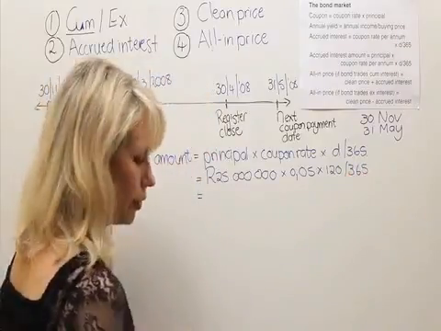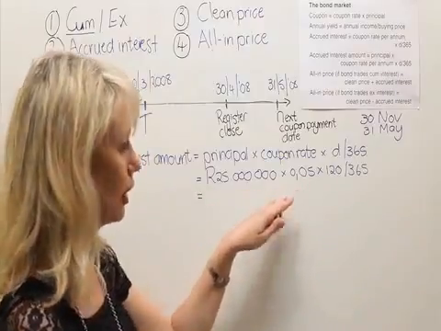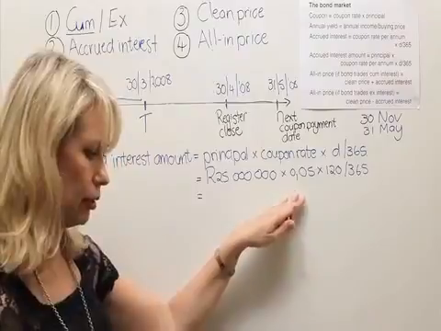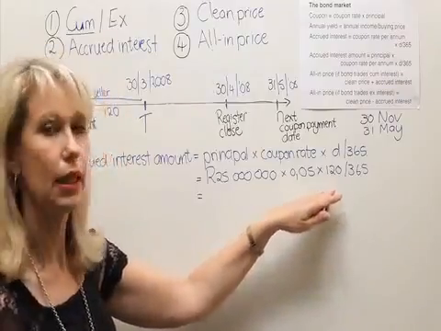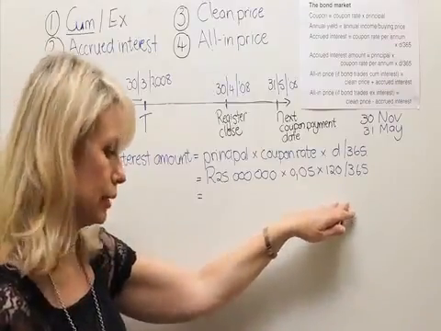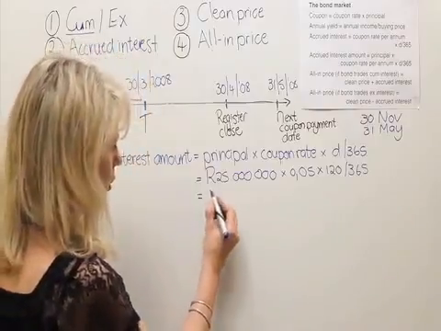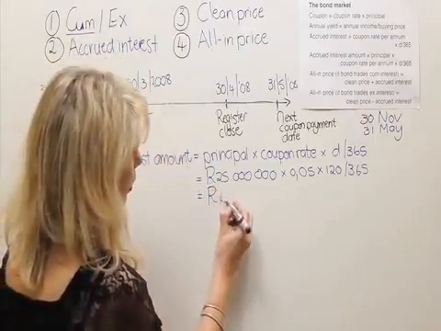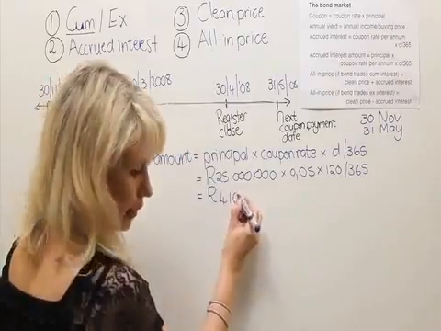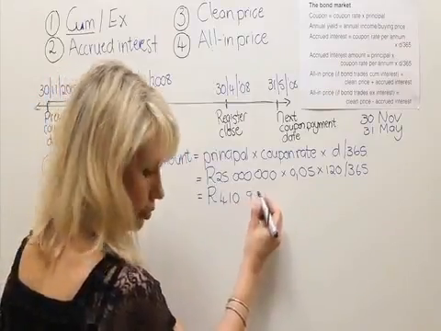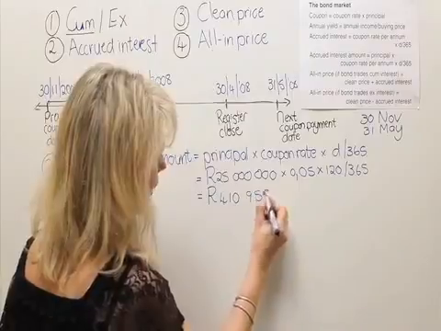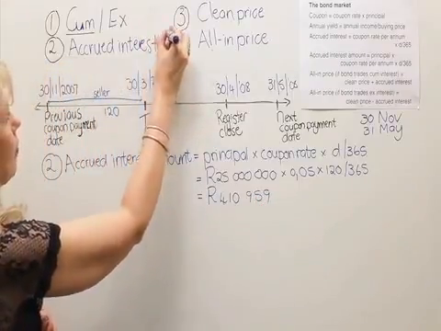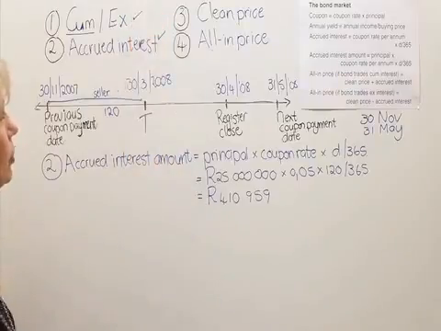You have to use a calculator to calculate that, 25 million times 0.05 times 120 divided by 365, and that is going to give you accrued interest for this period of 410,959 Rand. So we've completed step 1 and step 2.